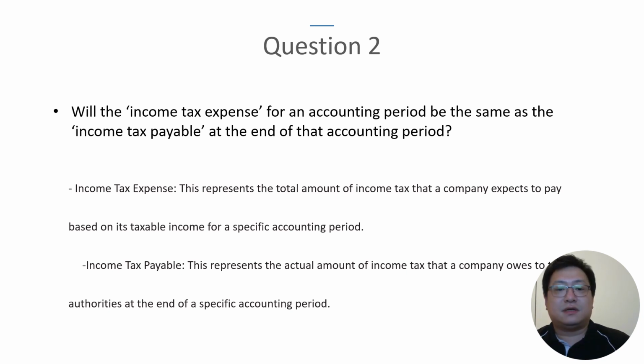This amount is determined based on the company's taxable income for the year, applicable tax rates, deductions, and tax credits. Income tax payable is a balance sheet item and represents the company's tax liability that needs to be settled in the near future.